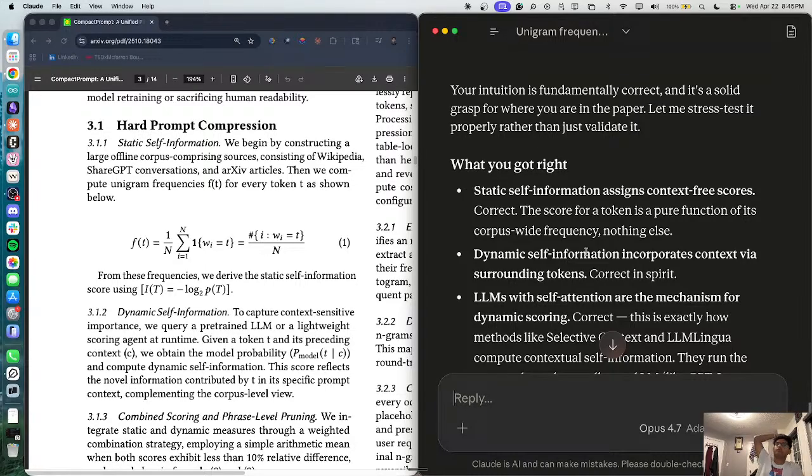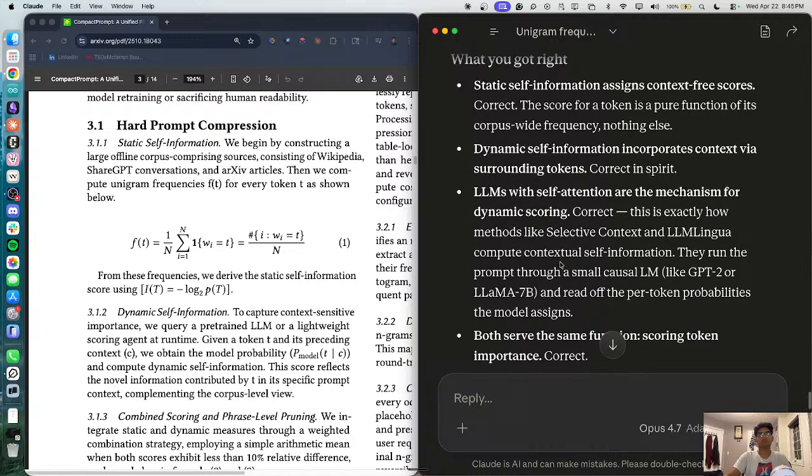Yes, correct. The score for a token is a pure function of its corpus-wide frequency, nothing else. Dynamic self-information incorporates context via surrounding tokens. Correct in spirit. Okay, that's interesting. I don't know what exactly correct in spirit really means, but I guess we will learn that today together.